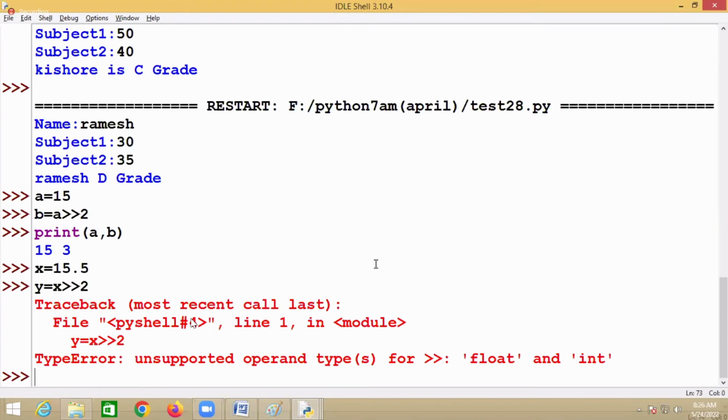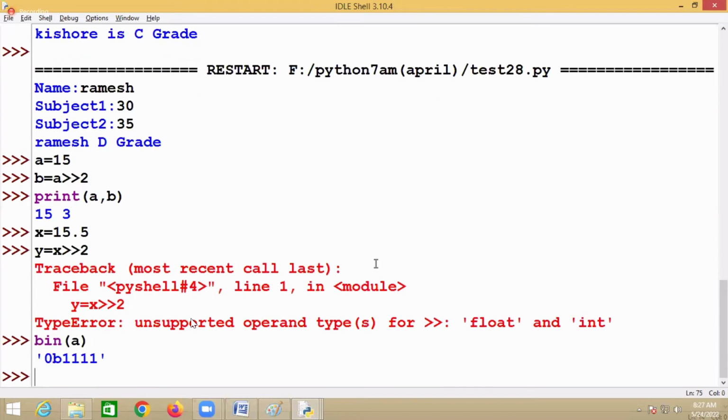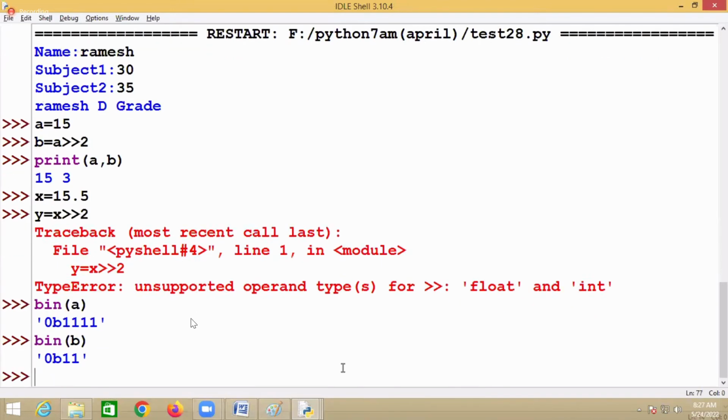Now if you want, you can use the binary function to see the binary equivalent of A. The binary equivalent of A is three ones. And after that I take the binary equivalent of B. After shifting 2 bits, how many bits does it have here? 2 bits, 1 and 1.